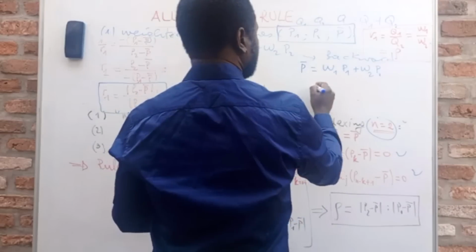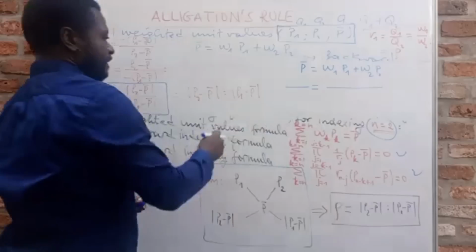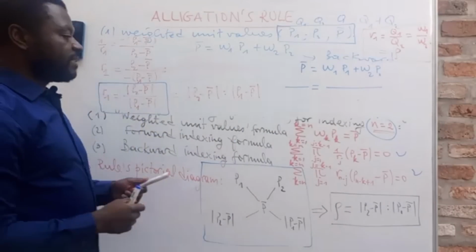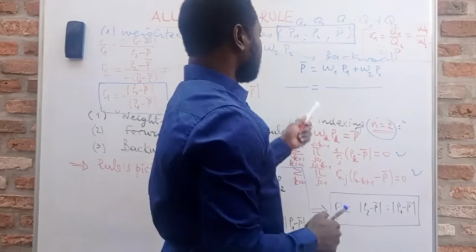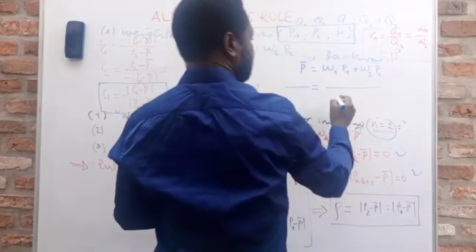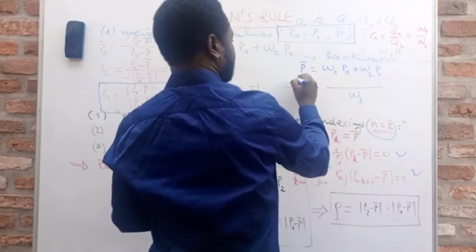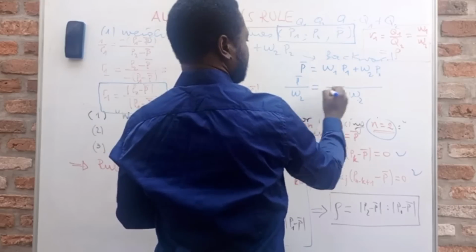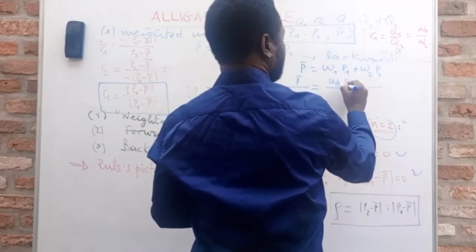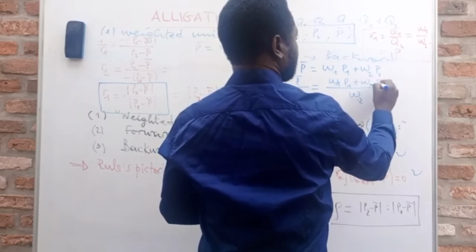Now, instead of dividing both sides by omega 1 as we did in the forward indexing method, for the backward indexing method we divide by omega 2. So both sides, omega 2, omega sub 1 p1 plus omega sub 2 p sub 2.